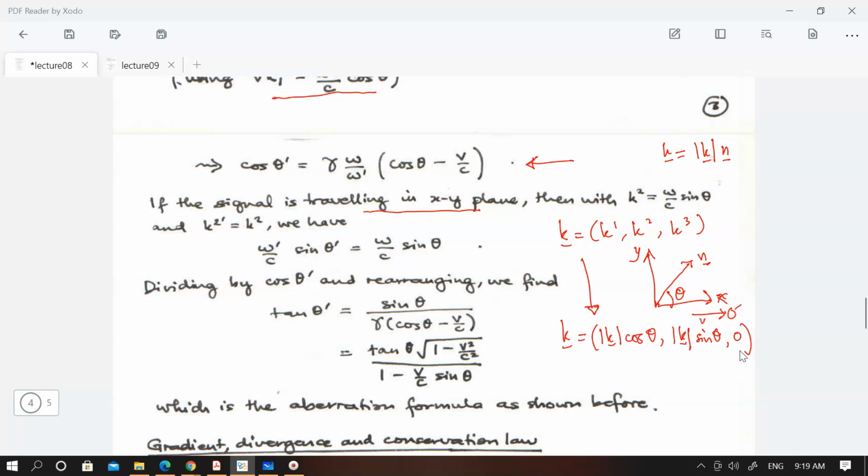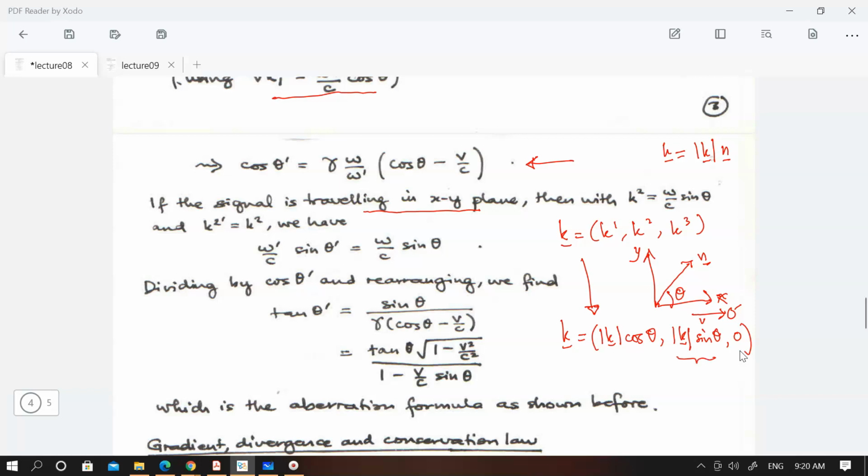So the component of your k vector along the orthogonal direction doesn't change. So in other words, this will stay the same in both frames.